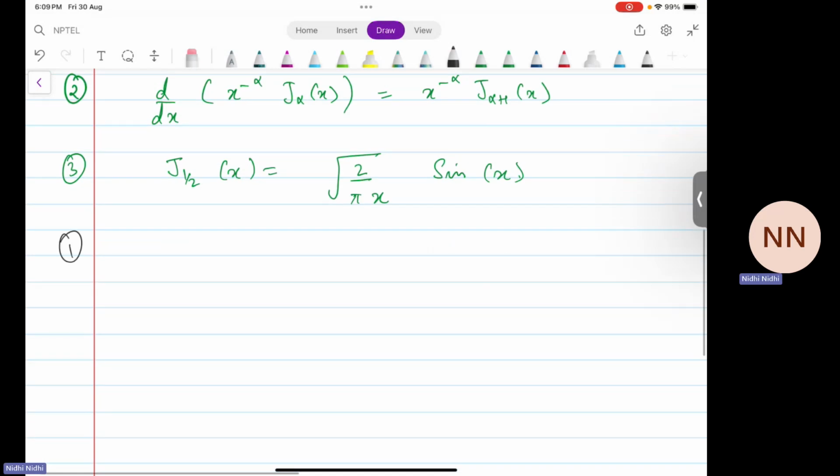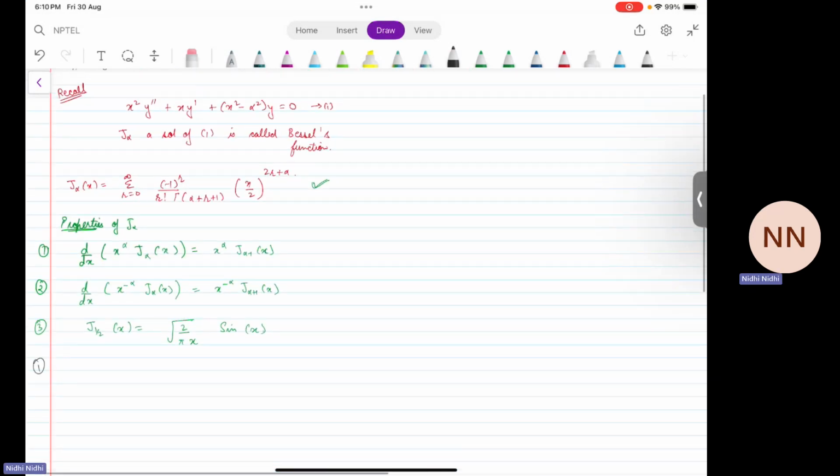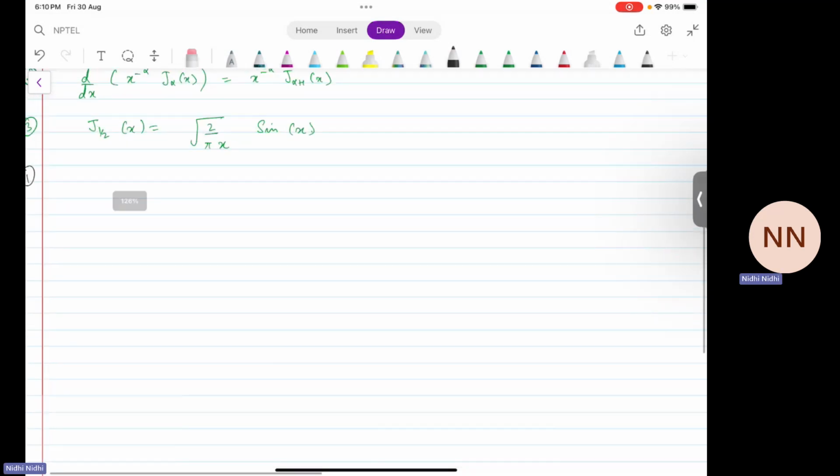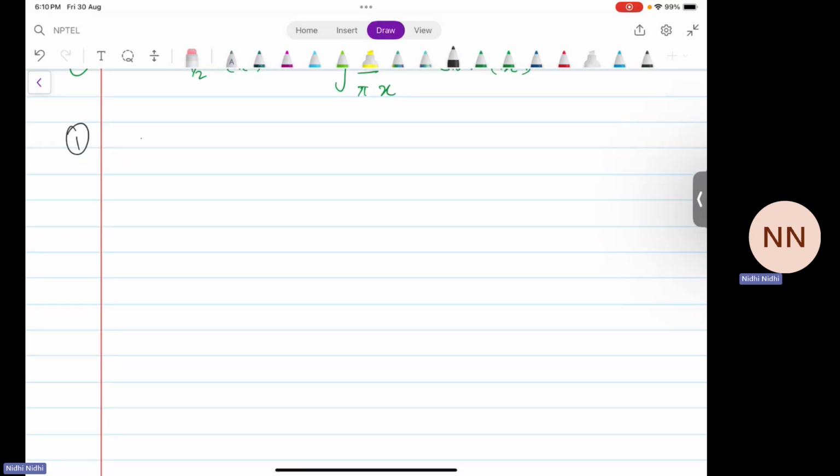First question. Show that J minus n x equals (minus 1) to the power n J n x, where n is a positive integer.